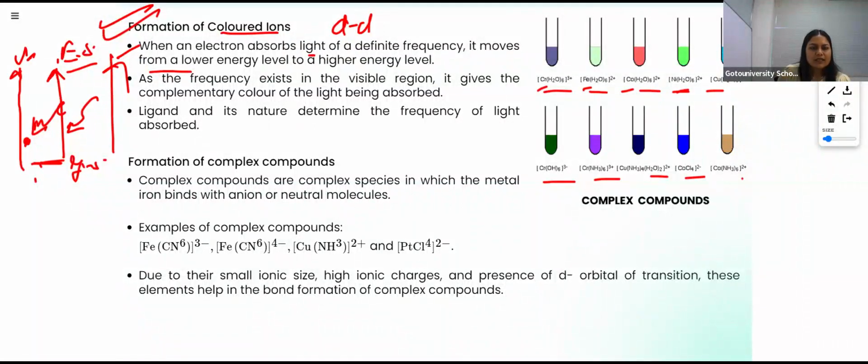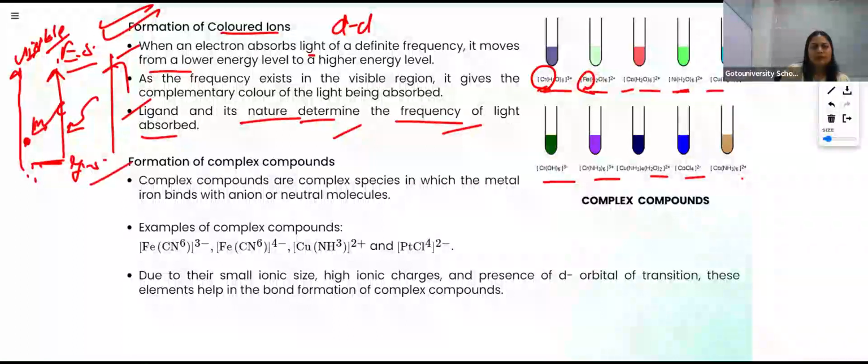As they absorb light, they move from the lower region to the visible region, and they exhibit color. The ligand and its nature, what type of ligand we are using, determines the frequency of light it will absorb and the color it will show.